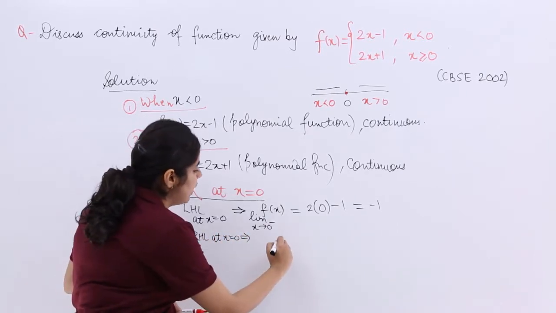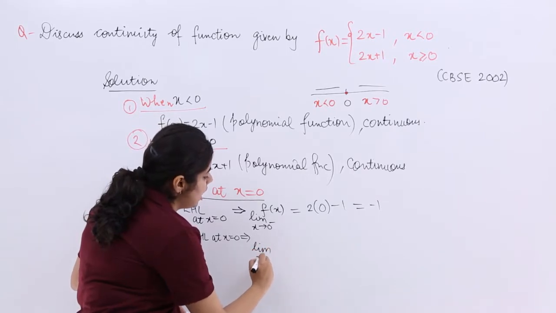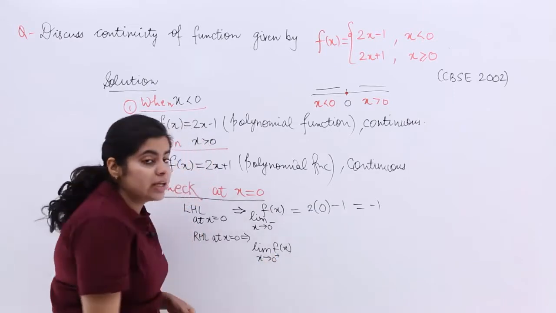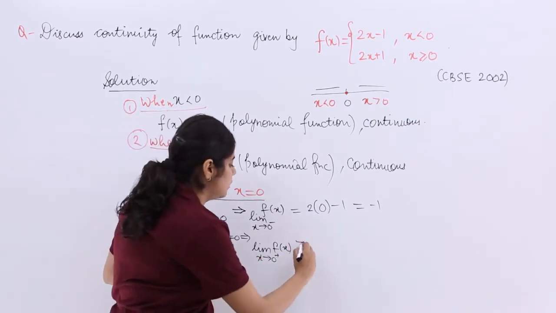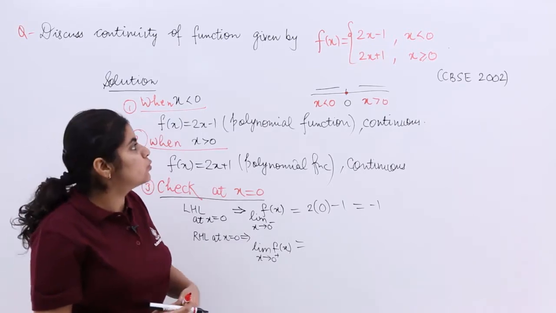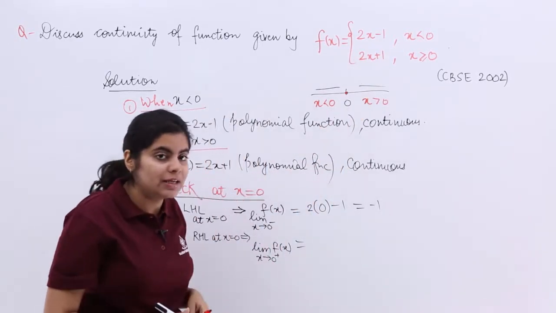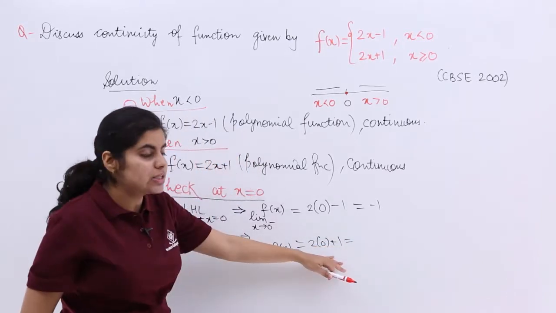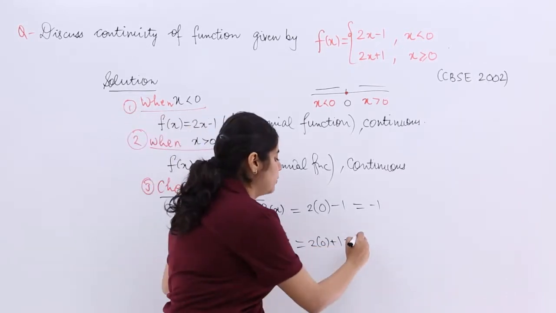It means you have to go for limit x tends to 0 positive for f(x). Again you can go with direct substitution, the function being 2x plus 1. Simply put 0 for x: 2 times 0 is 0, 0 plus 1 is 1.